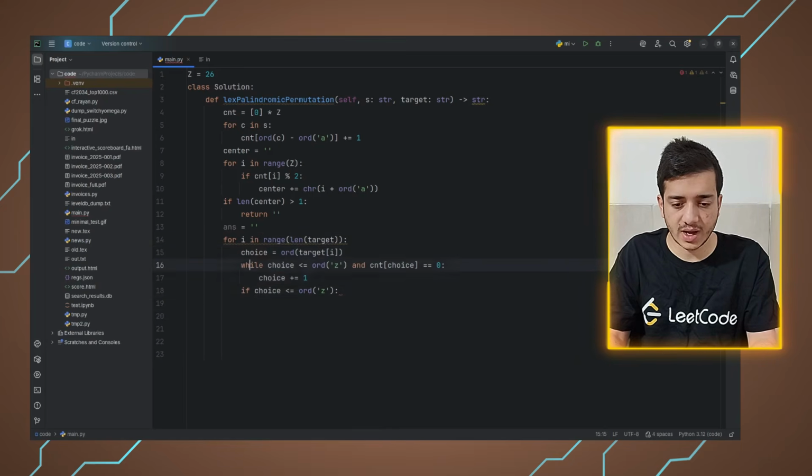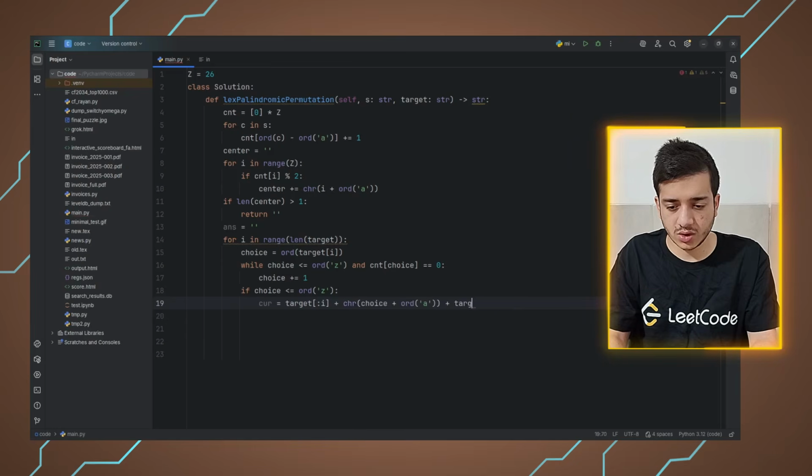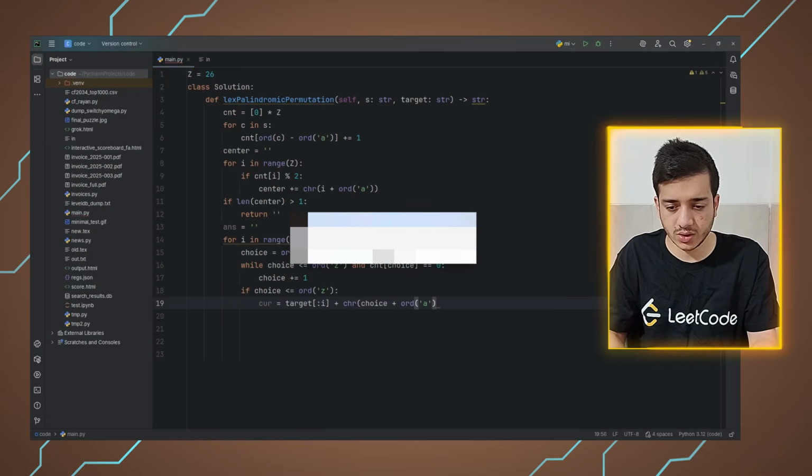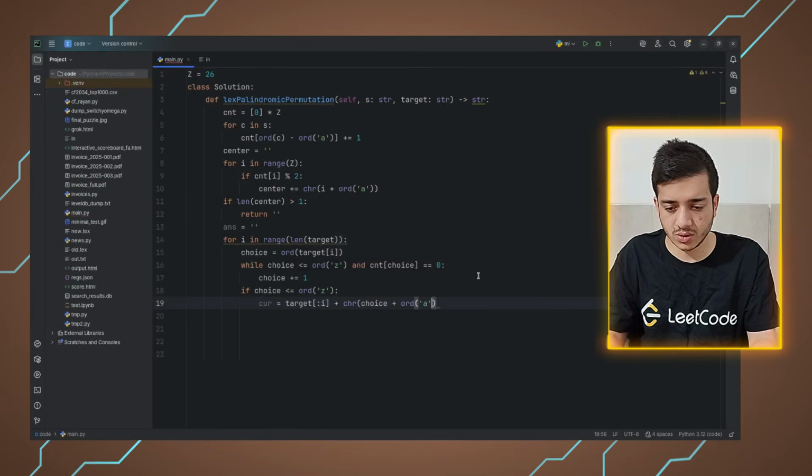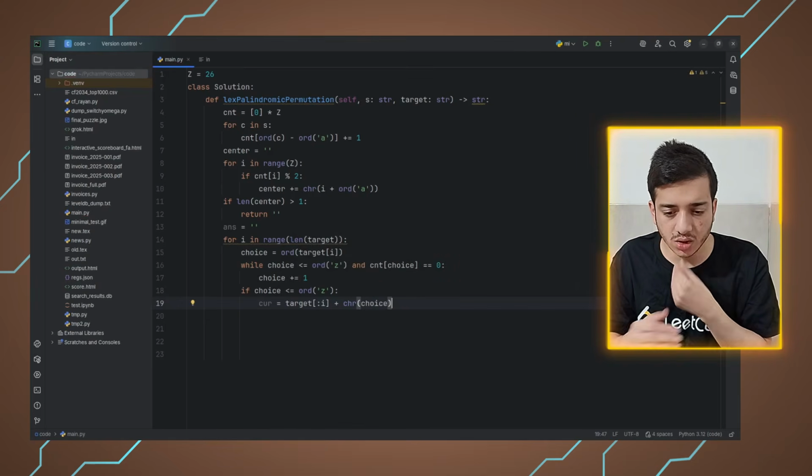prefix is something we have. So char will be target until I plus CHR of choice.